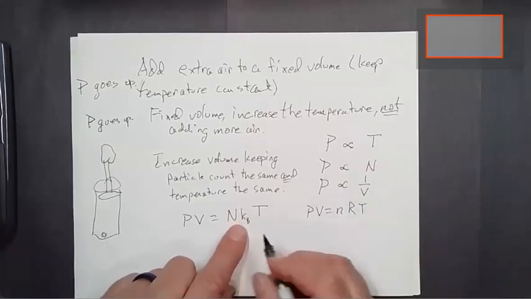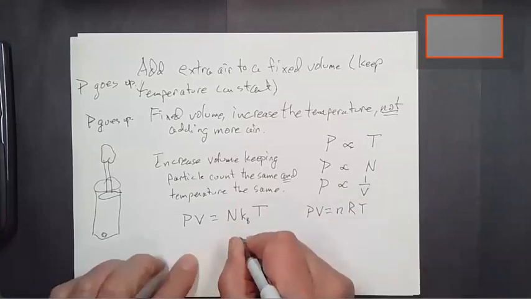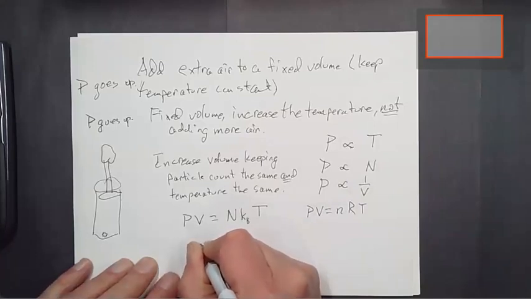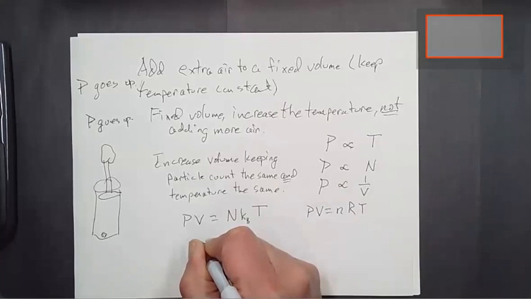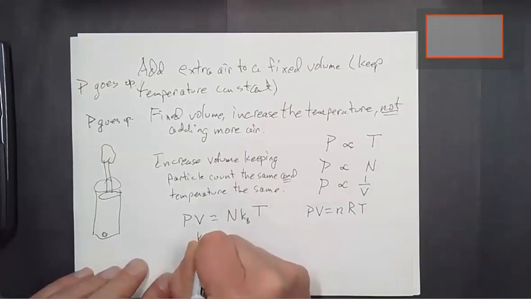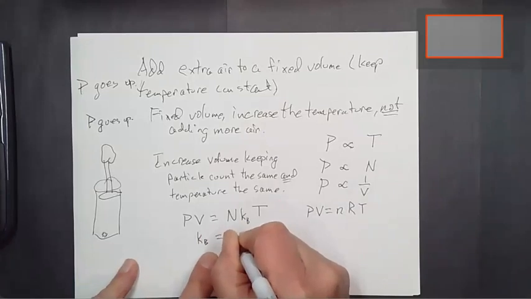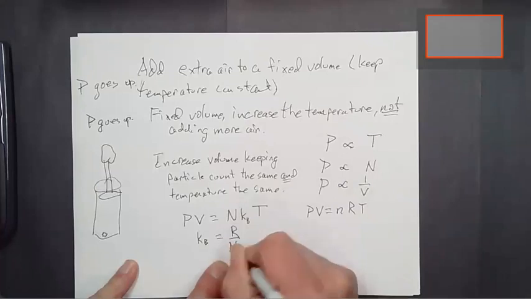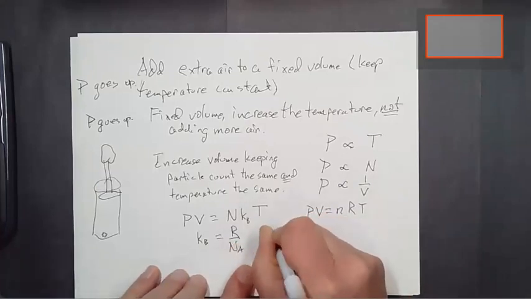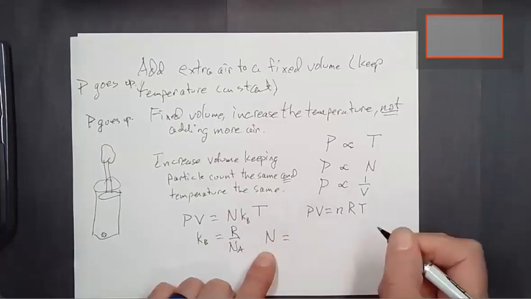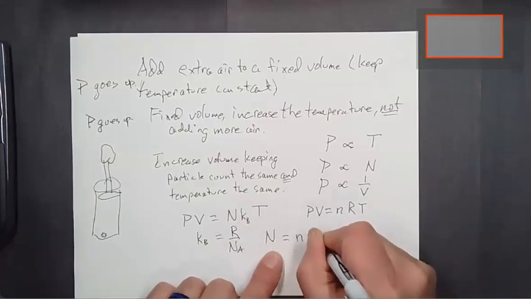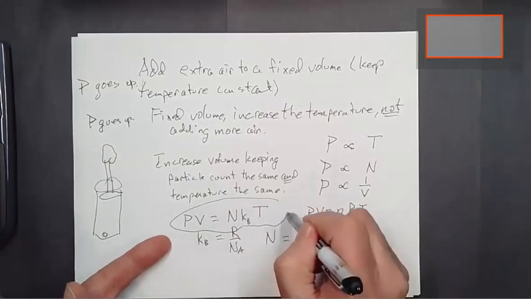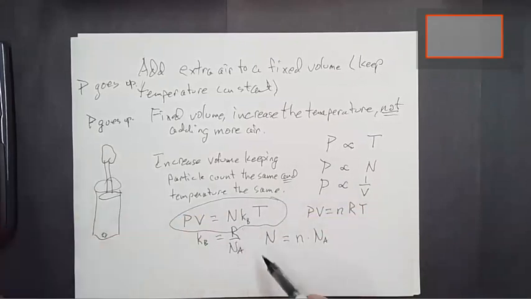Well, this K sub B is called Boltzmann's constant. Boltzmann's constant is equal to the ideal gas constant divided by Avogadro's number, and the capital N, the number of particles, is equal to the number of moles times Avogadro's number. So we'll just be interested at times in the number of particles we have and so forth.